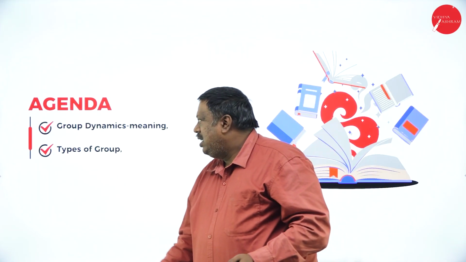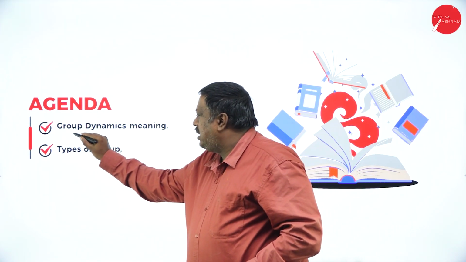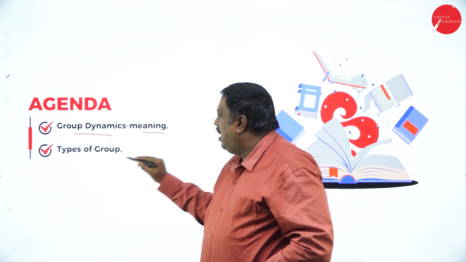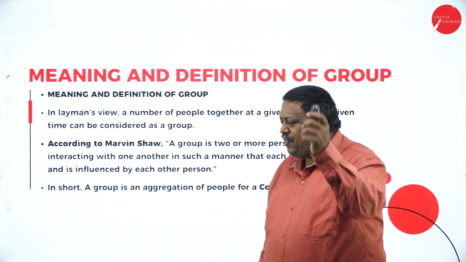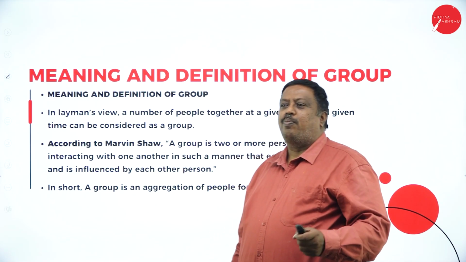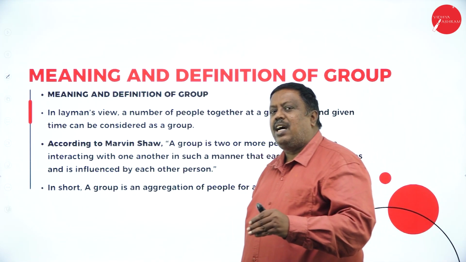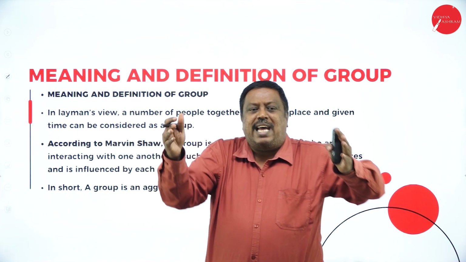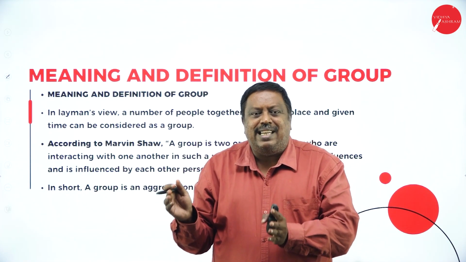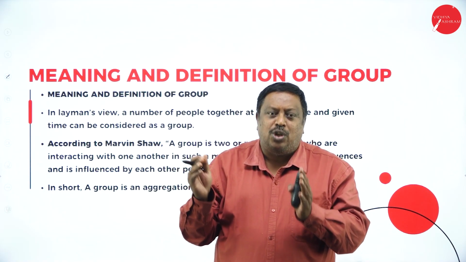In today's session, as I said, we are going to discuss the meaning of group dynamics and the types of groups we have. In the first part, we have the group. What is a group? In general terms, a group is where two or three people are standing in one place and discussing the same topic.